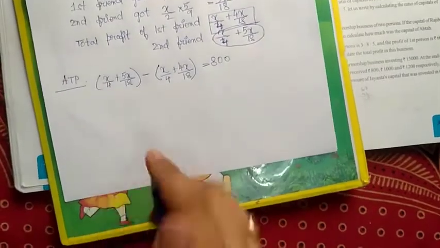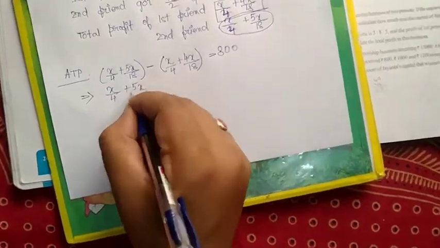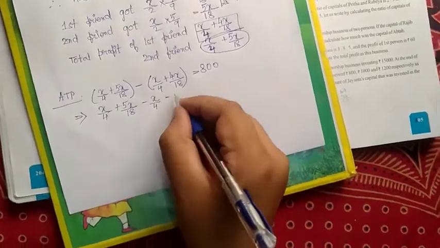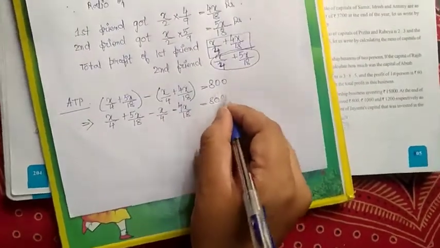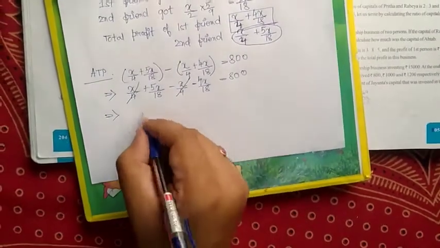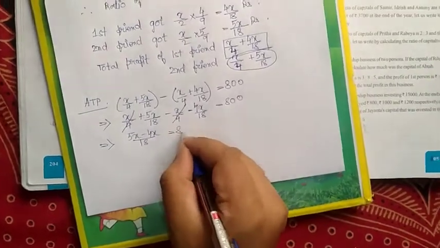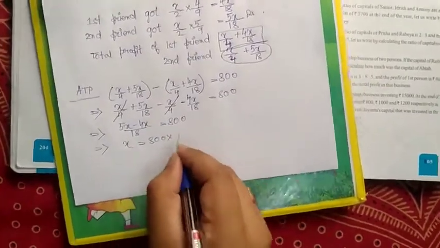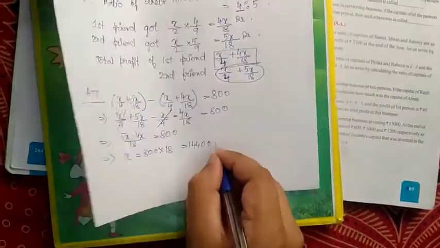So opening those brackets, x by 4 plus 5x by 18 minus x by 4 minus 4x by 18 equal to 800. Eliminating these two, with LCM 18, 5x minus 4x by 18 equal to 800. So x equal to 800 into 18 equal to 14,400. This is the total profit.